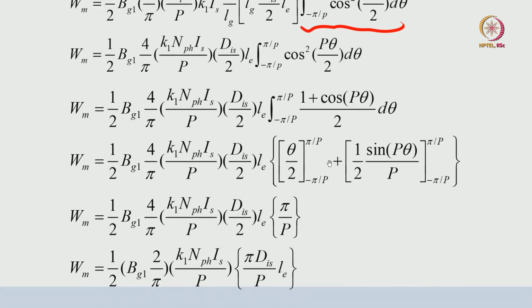So, if we do the integration, it will be theta by 2 plus 1 by p into sin p theta.